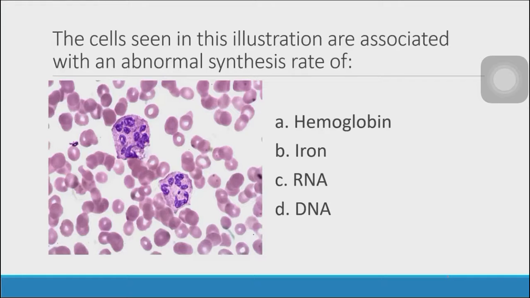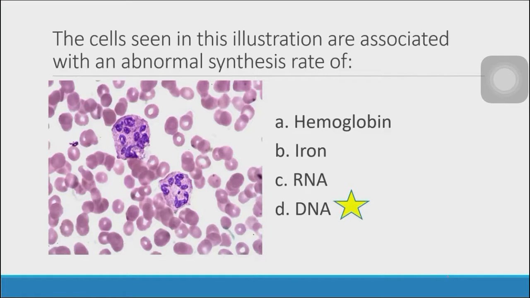It may include WHIM syndrome, which I mentioned earlier, or megaloblastic anemia. Megaloblastic anemia, if you remember, is a type of anemia in which there is abnormal synthesis or a defect in DNA metabolism. So the answer here is abnormal synthesis rate of DNA.